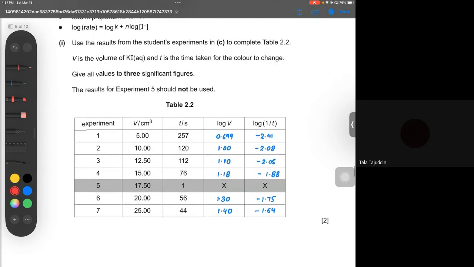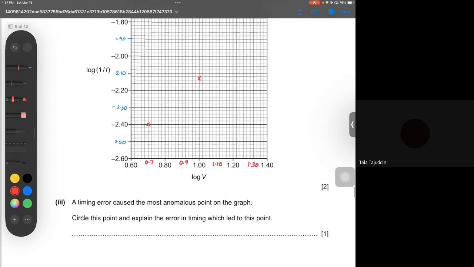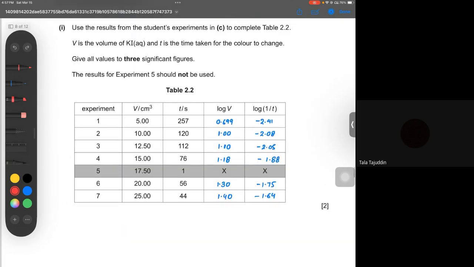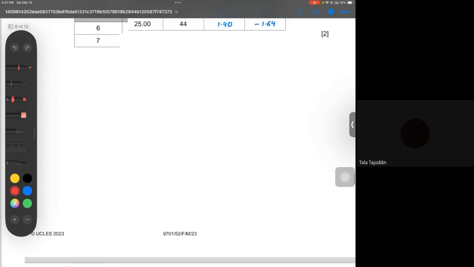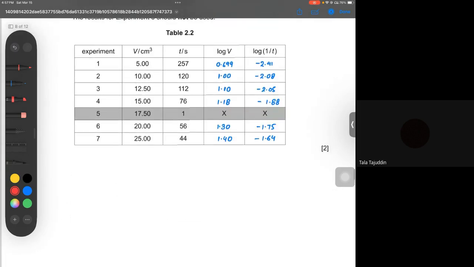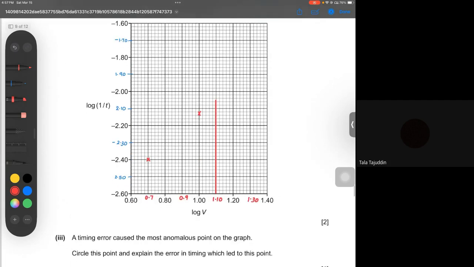Then negative 2.05 and 1.10. So this is 1.10 and negative 2.05. 1.10 is this. Then negative 2.05.